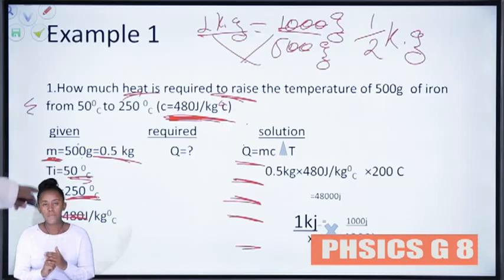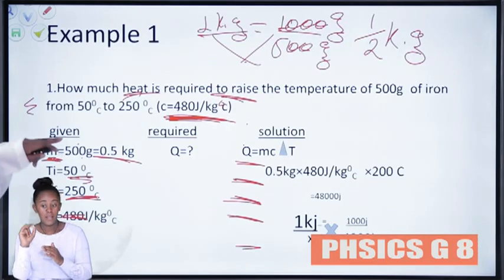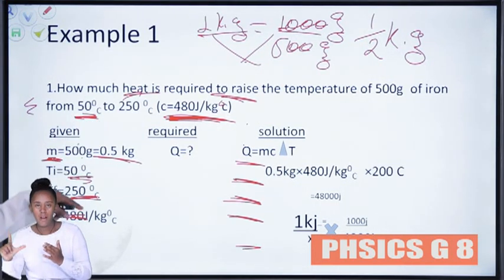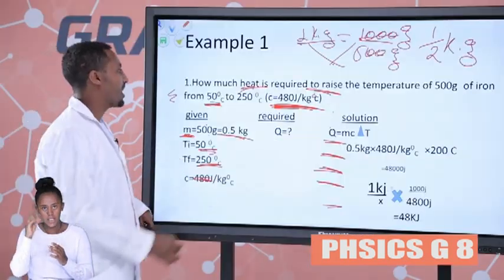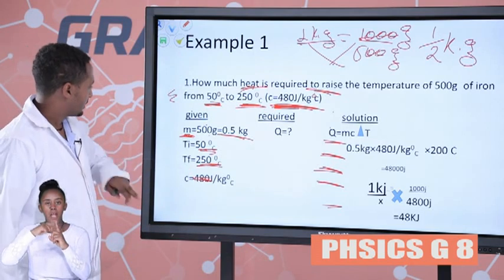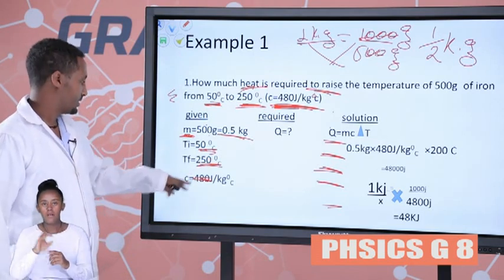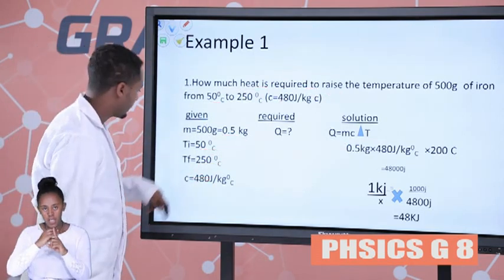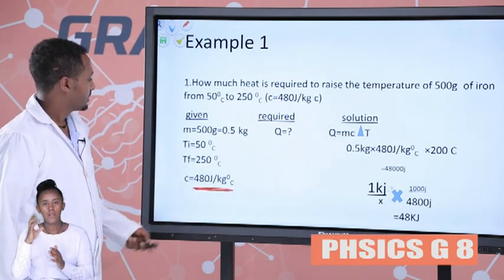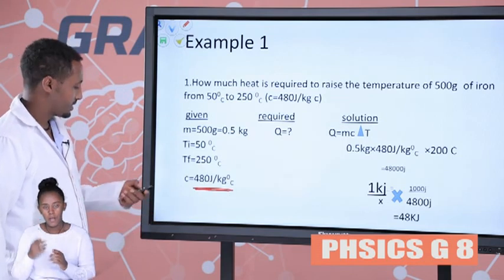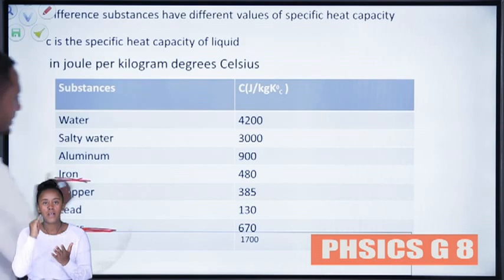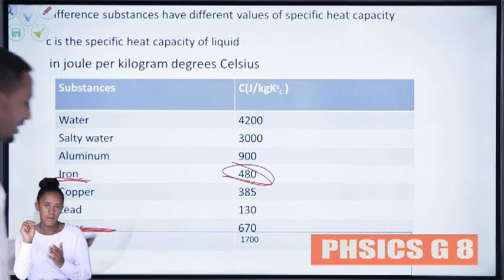Ti, the initial temperature, is 50 degrees Celsius. Tf, the final temperature, is 250 degrees Celsius. And C is 418 joule per kilogram degree Celsius. This is the specific heat capacity of iron.